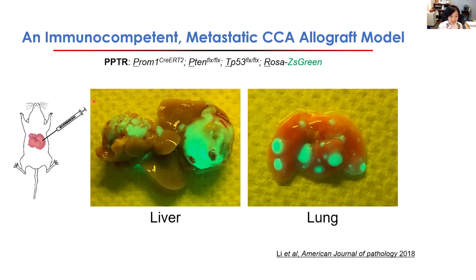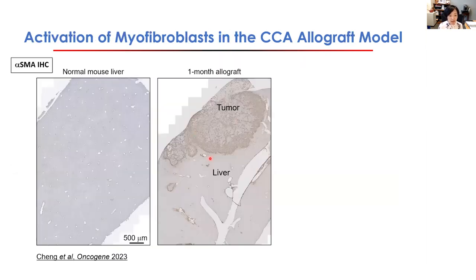As you can see from here, we have a line that produces very aggressive cholangiocarcinoma that is already metastatic within the liver and also travels to the lung and forms multi-nodule lung metastases. The good thing about the allograft model is it starts from a normal background, so there's no pre-existing condition present in these animals. As you can see, this is an alpha-smooth muscle actin immunohistochemistry, which stains the myofibroblasts within the tissue.